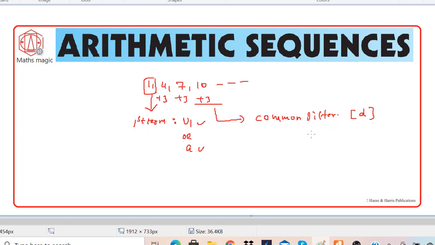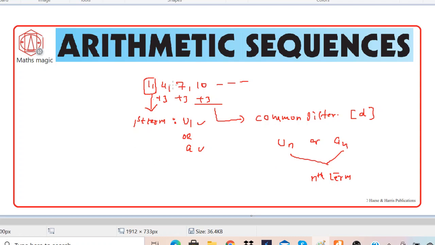So these are two main things which we will use, and apart from that we have the letter UN or AN. This UN or AN denotes the nth term, but to understand this nth term you need to understand this one which I'll write now.